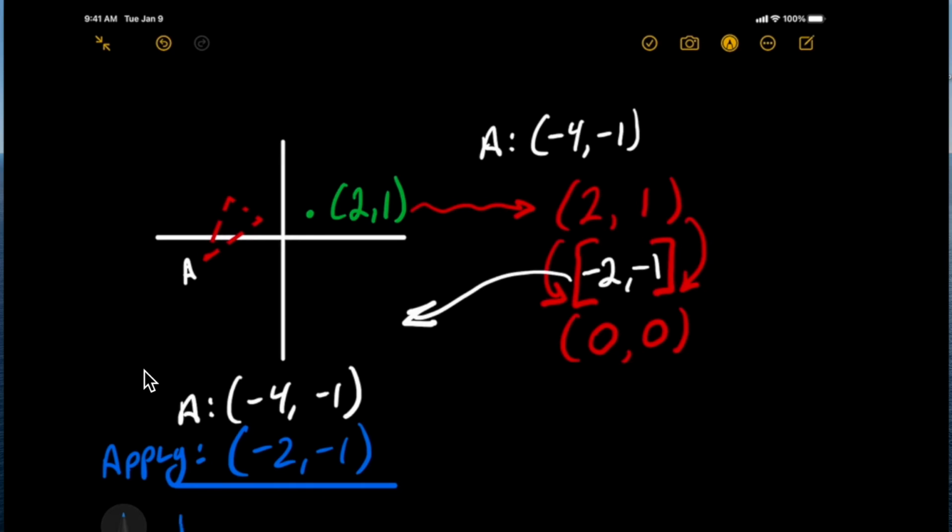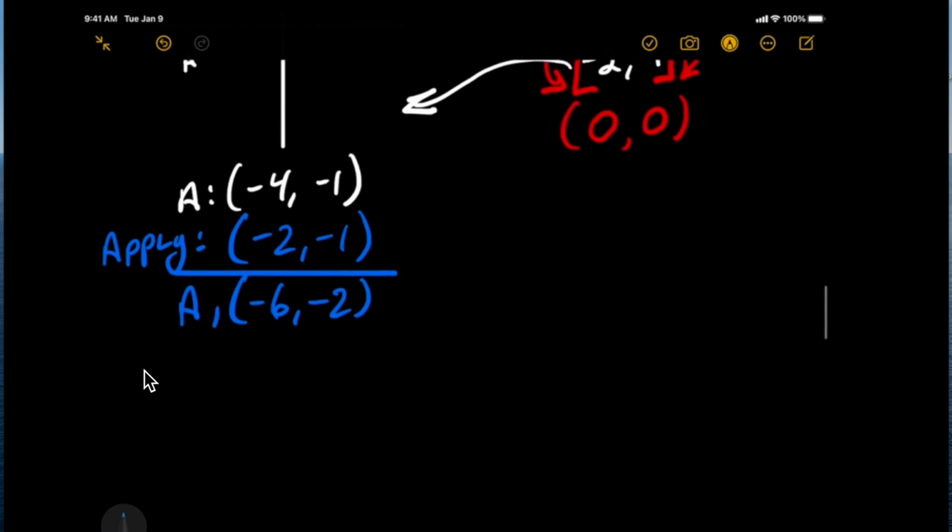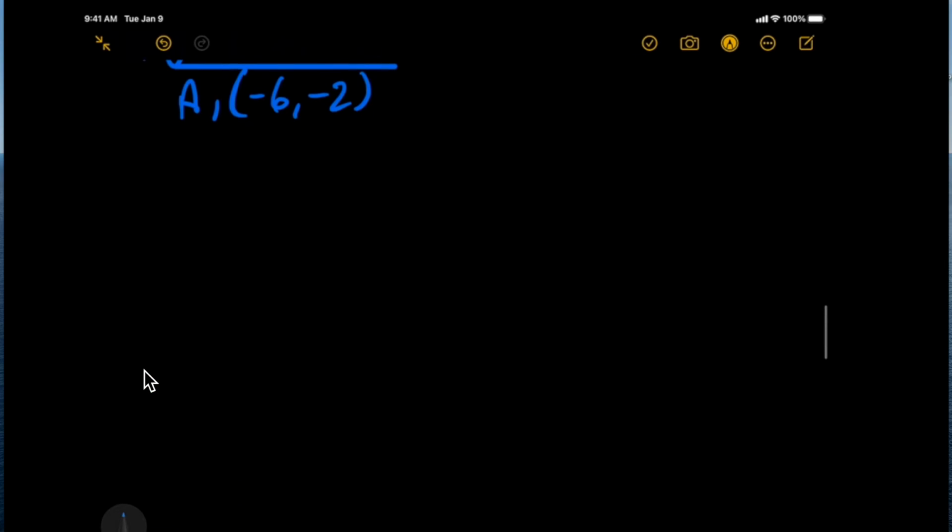I'm going to call that A sub 1, where we just combine these integers and we get -6, -2. Okay, now what we're going to do is pretend that we are rotating this new point, A sub 1, about the origin. And folks, we know how to do that.